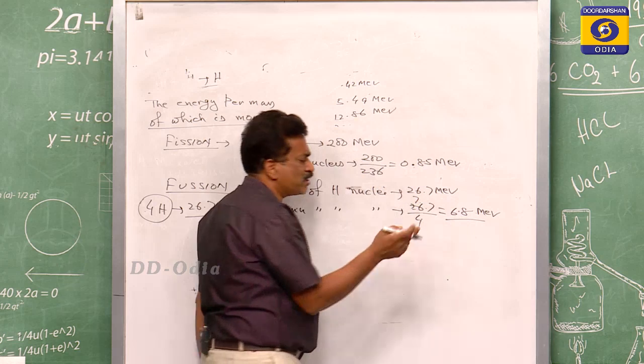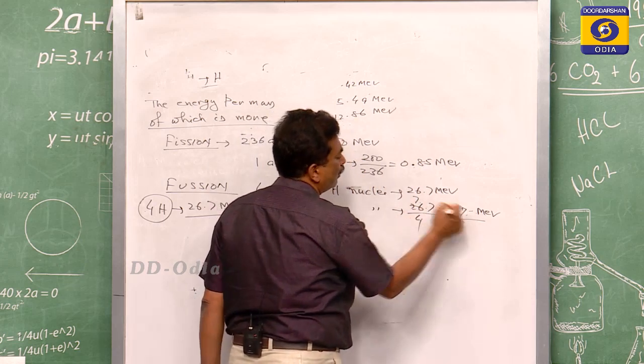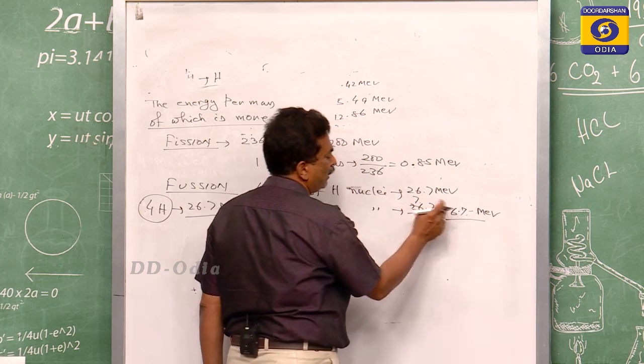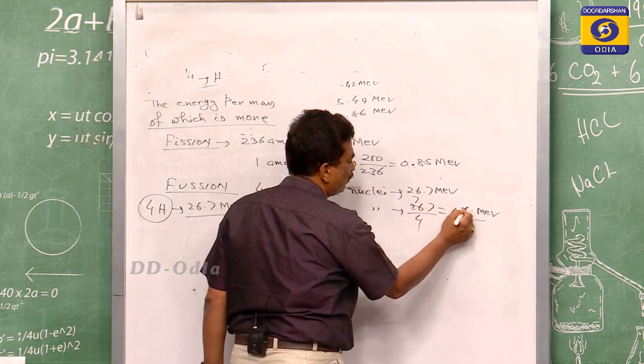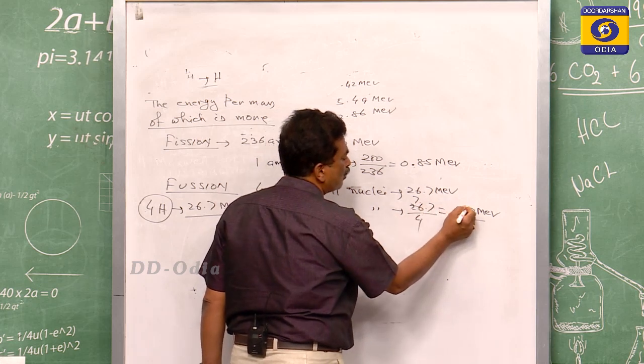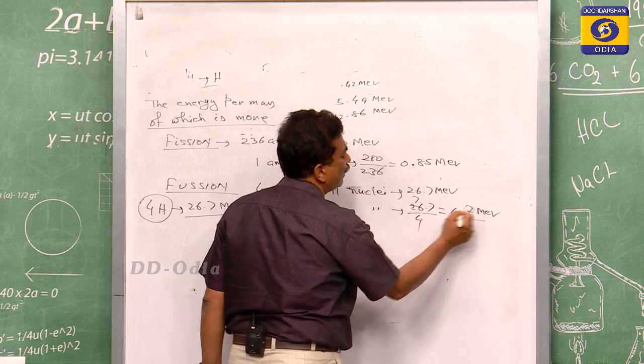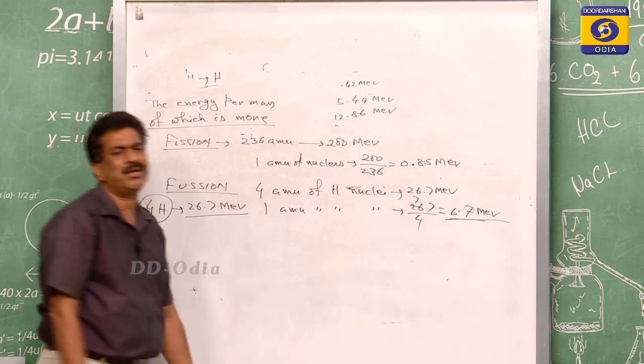If you don't take 6.8, then 4 times 7 is 28, 4 times 6 is 24, so 0.67 is approximately 7. So 6.7 MeV.